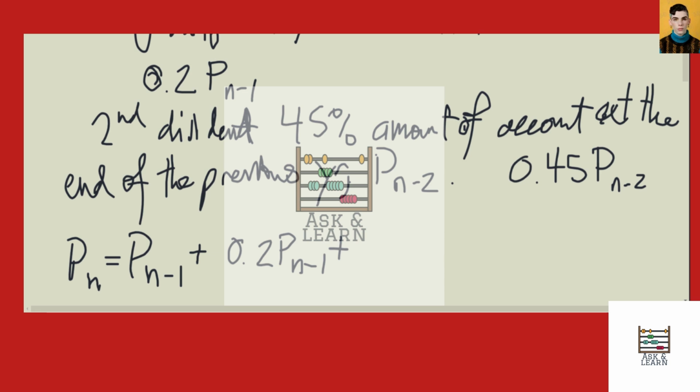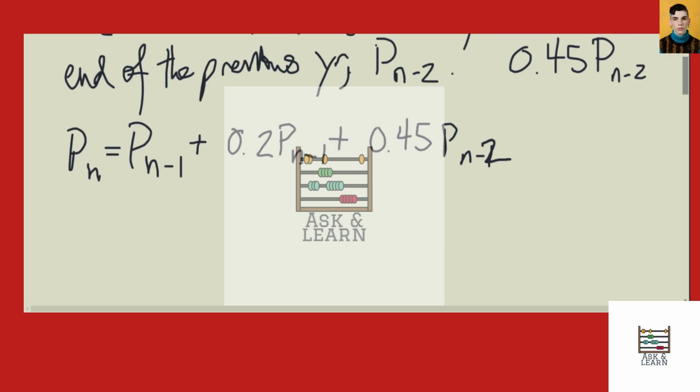In the third case, we have the second dividend, which is 0.45 Pn minus 2. And this can be rewritten as 1.2 Pn minus 1 plus 0.45 Pn minus 2 for n greater than or equal to 2.